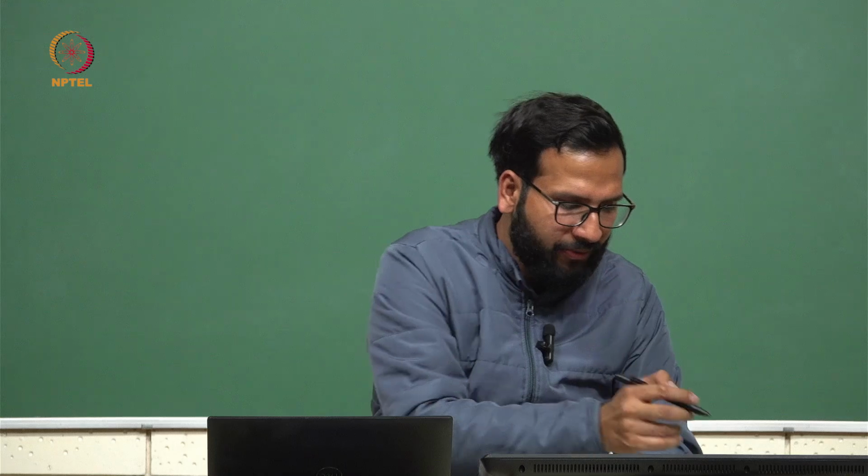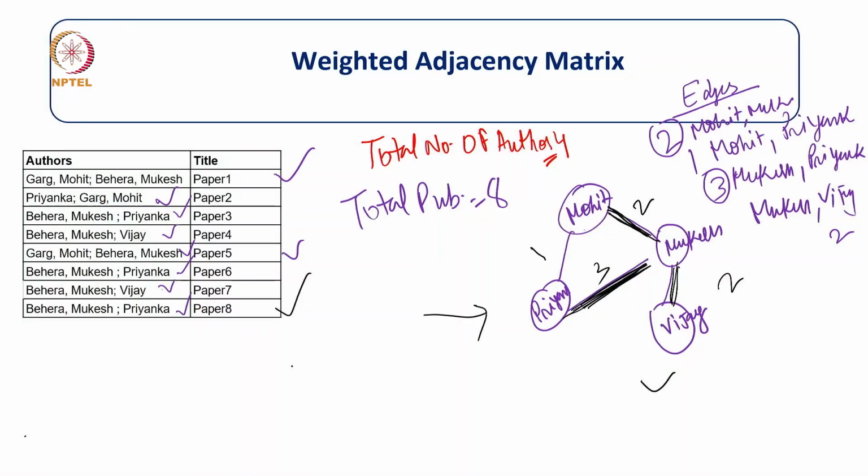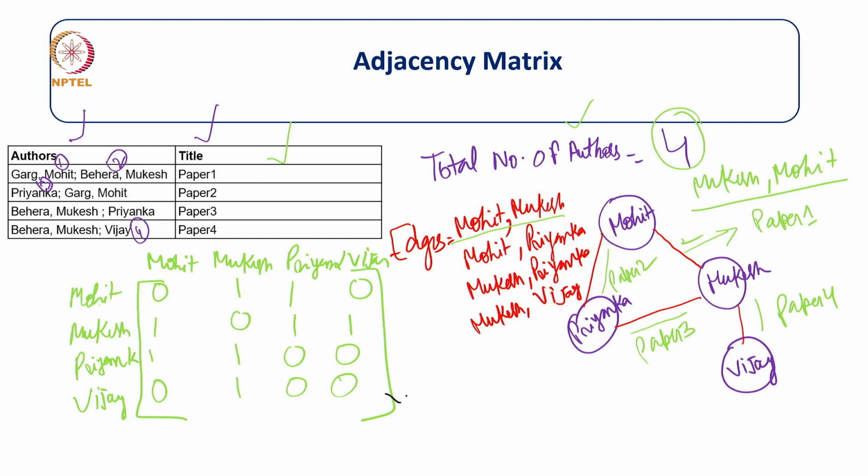It's very simple. The edges will be the same as we discussed here, but now we will give the weights: Mohit and Mukesh 2, Mukesh and Priyanka 3, and Mukesh and Vijay 2.